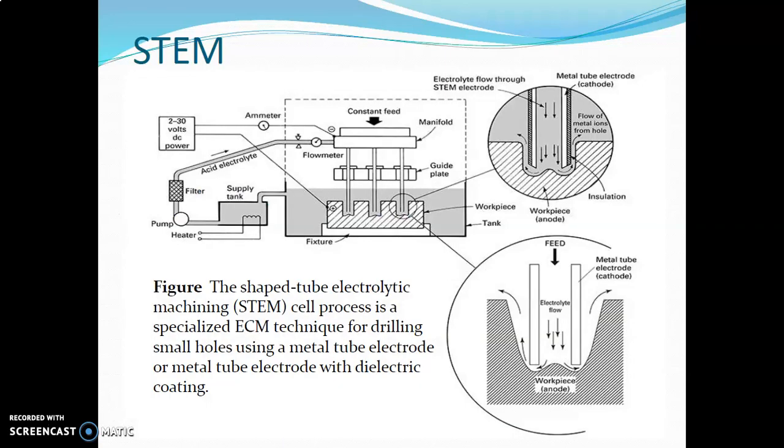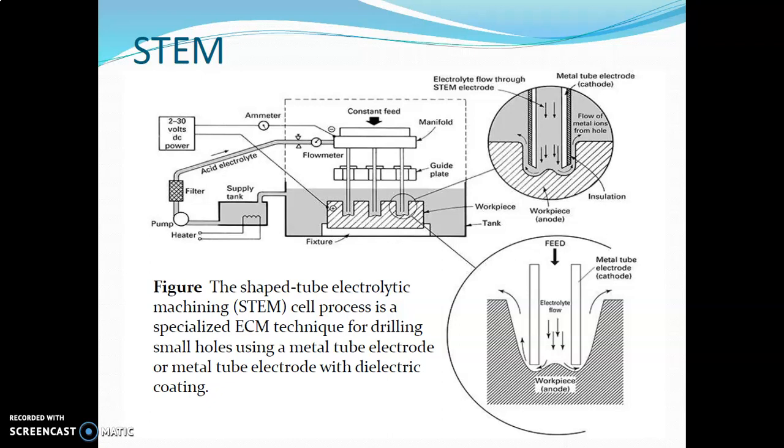You can see this is the one schematic diagram that we are using with different tools. Basically, you can see we have a number of tools, same process, but you can use it for multi-purpose. Suppose you want to create small holes in metal tubes, or the holes are in a fixed pattern.